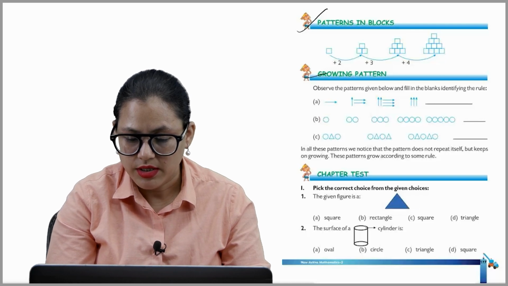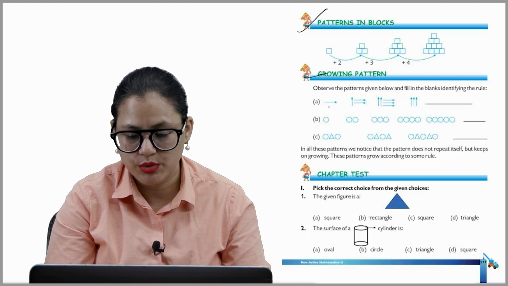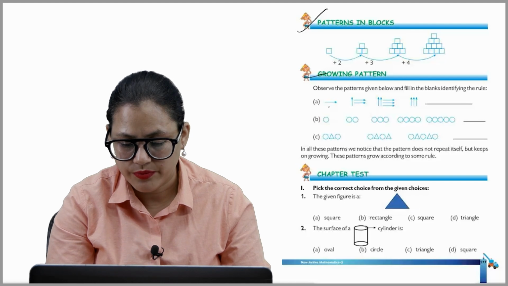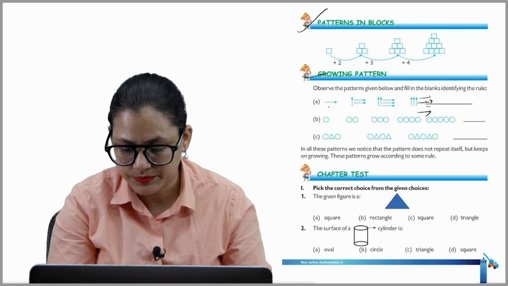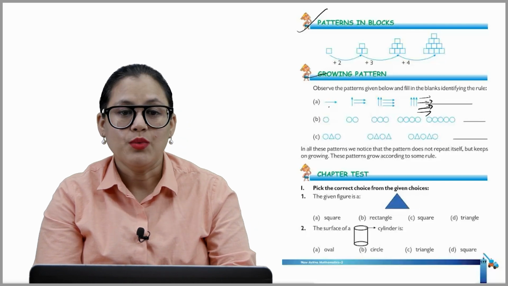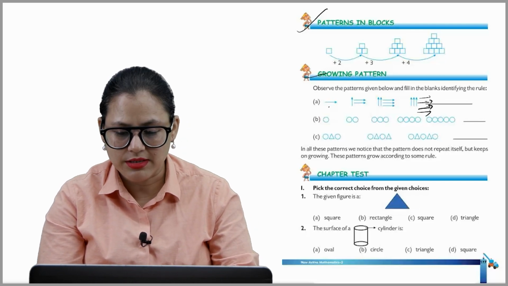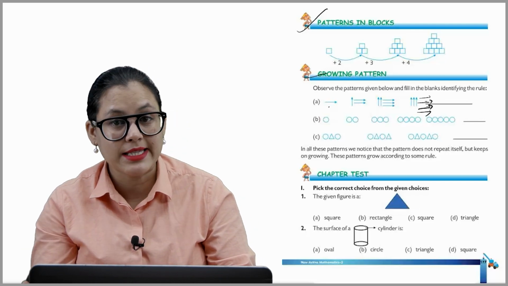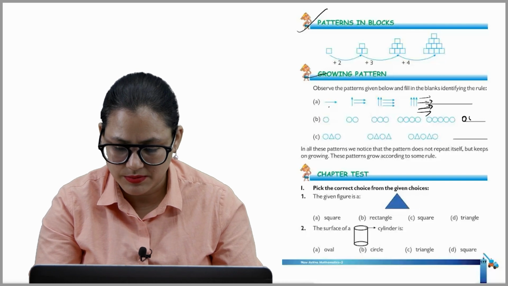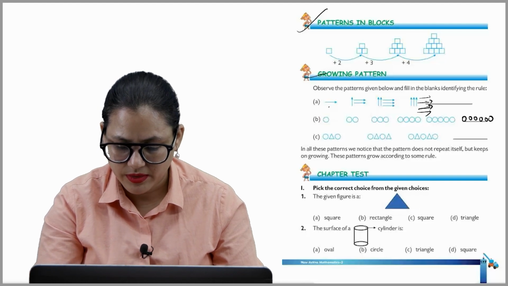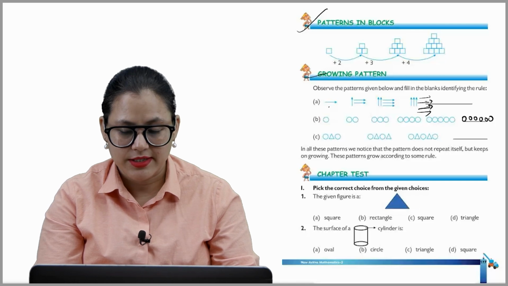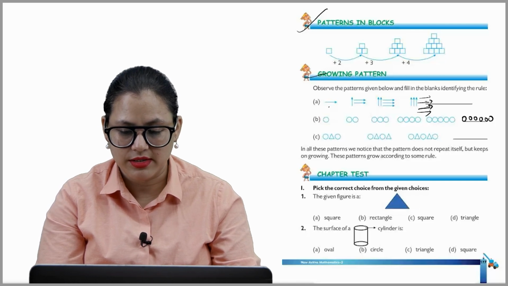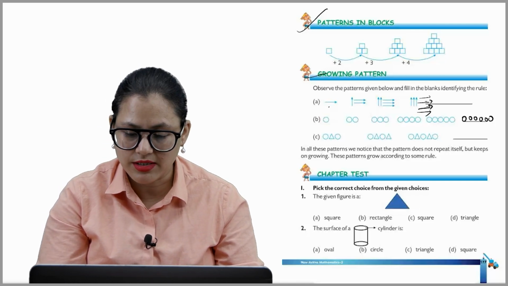Now here 1 horizontal arrow, 2 horizontal arrows, 3, now 4 horizontal arrows. Next, 1 circle, 2 circles, 3 circles, 4 circles, 5 circles. Next, 6 circles. And this one, circle, triangle, circle, triangle, circle, triangle, circle, triangle, circle.